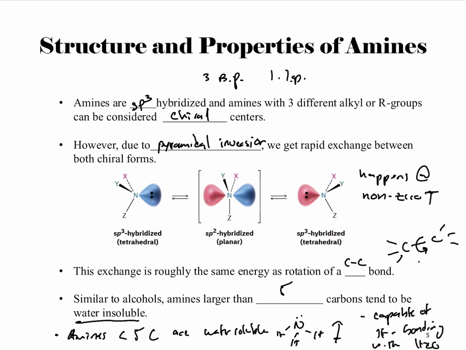So that means they can be water soluble. And also another consequence of this is that they have large boiling points because of strong intermolecular forces. Right, so some other properties that we see in amines are the larger boiling points and their water solubility.